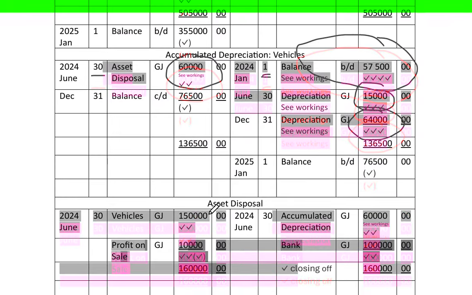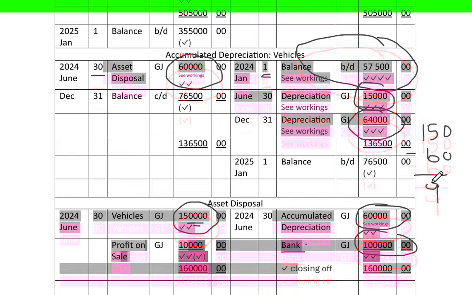And then you've got in here the asset disposal, the cost price, the accumulated depreciation, and the sale. This could have been on credit, and then you would have had accounts receivable there. And in our books, it's 150,000 minus 60,000 is equal to 90,000.